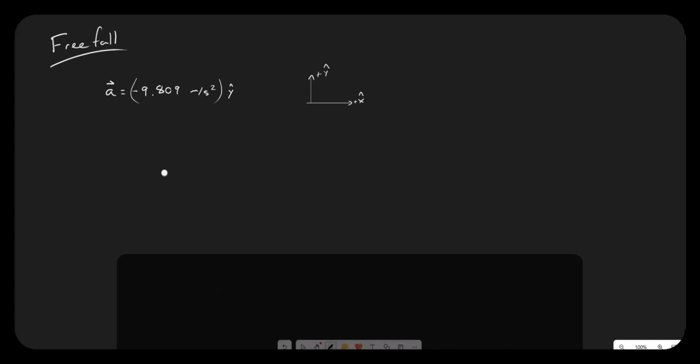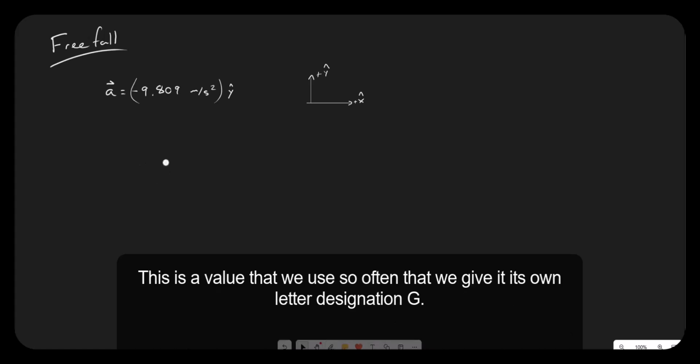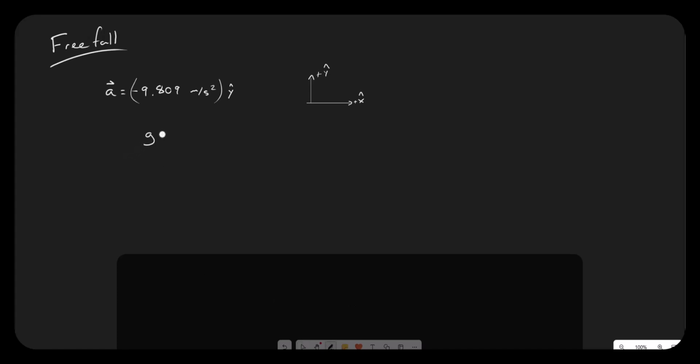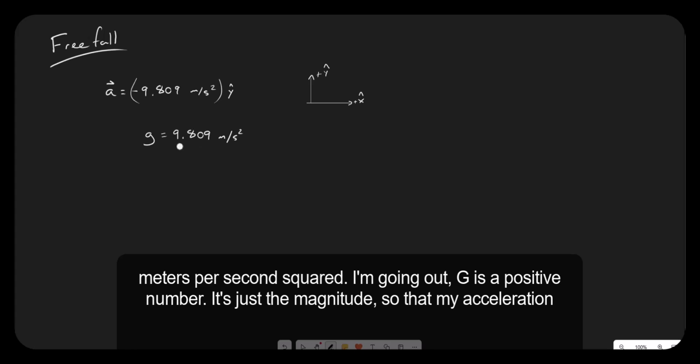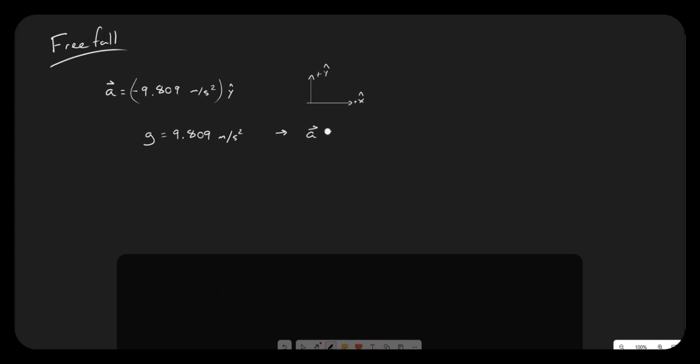Gravity goes down. This is a value that we use so often that we give it its own letter designation, g. So g is going to be that 9.809 meters per second squared. I'm going to point out g is a positive number, it's just the magnitude, so that my acceleration can be negative g in the y direction.